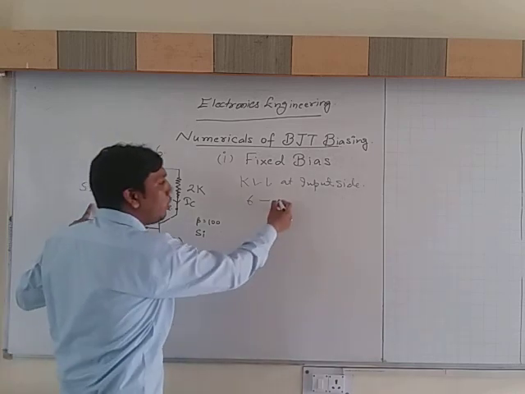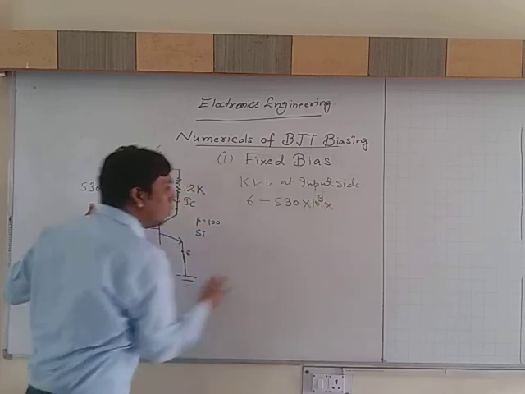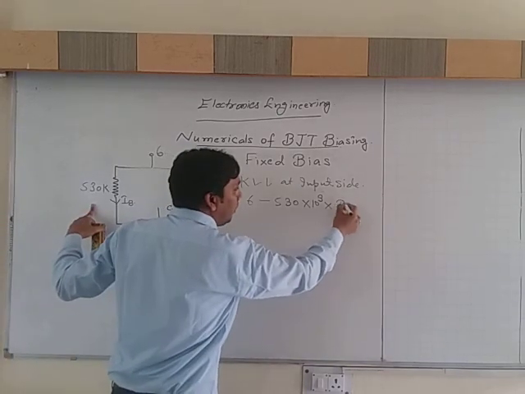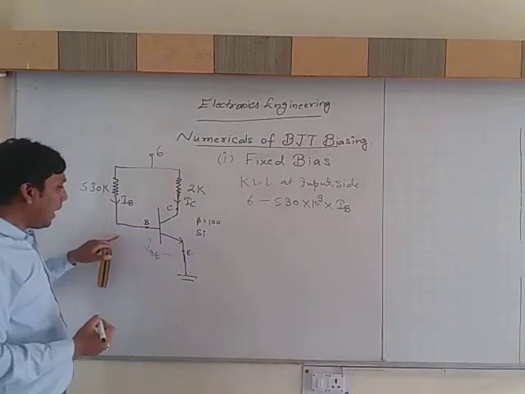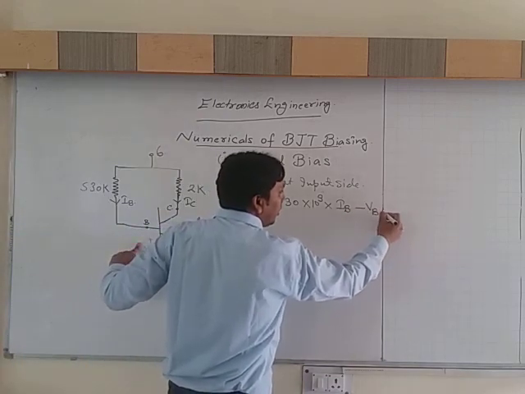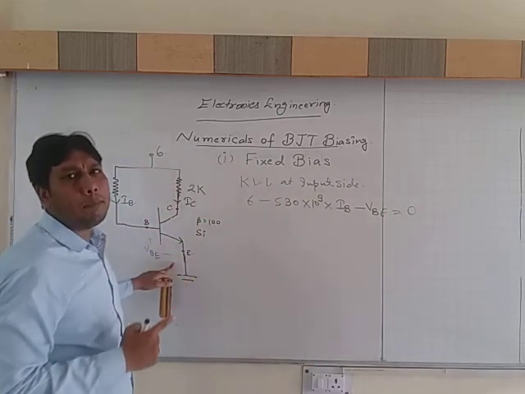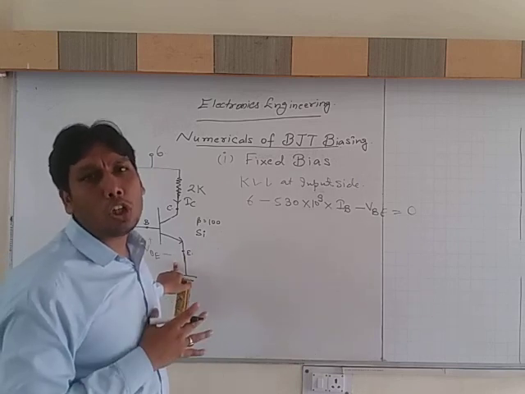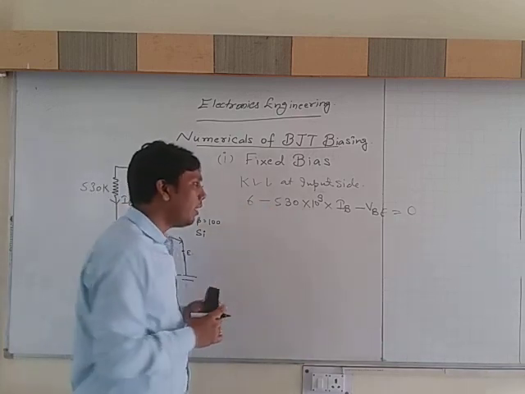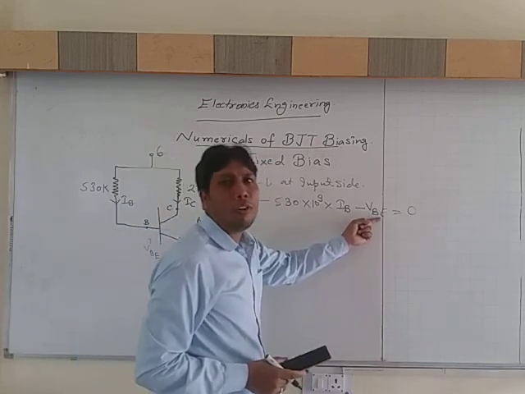Since here the value of resistor is 530 into 10 to the power 3, into the current flowing in this resistor, it is IB, minus the voltage drop VBE equals to 0, as there is no resistance at the emitter terminal and there will be no voltage drop across the emitter terminal. So we got the equation, and from here we can find out the value of IB by substituting the value of VBE.